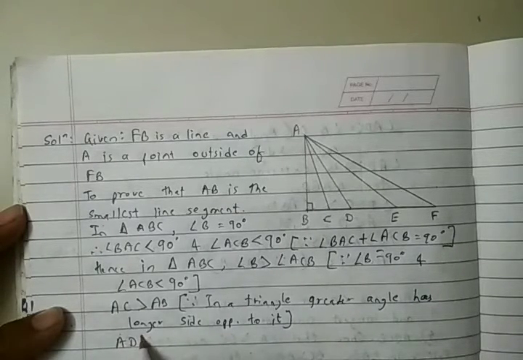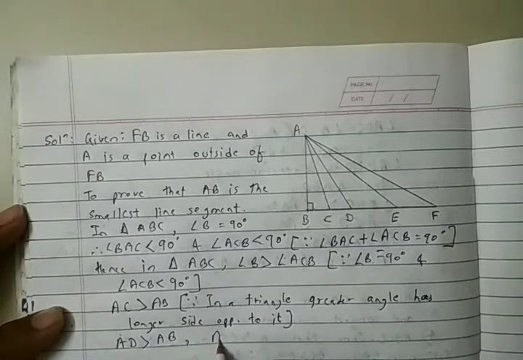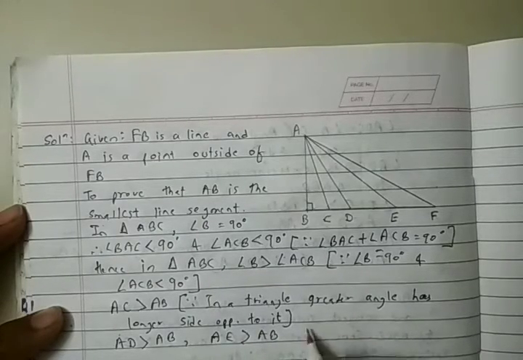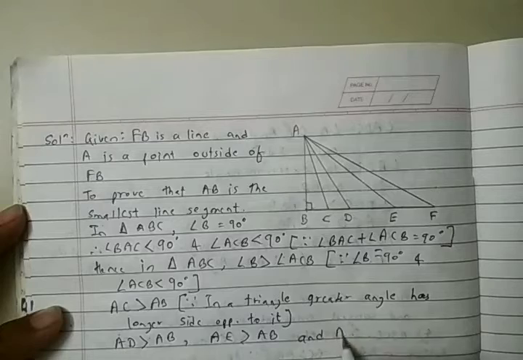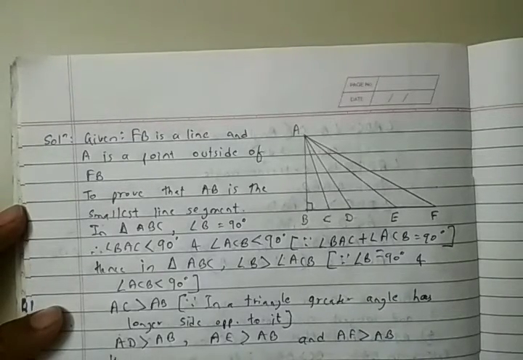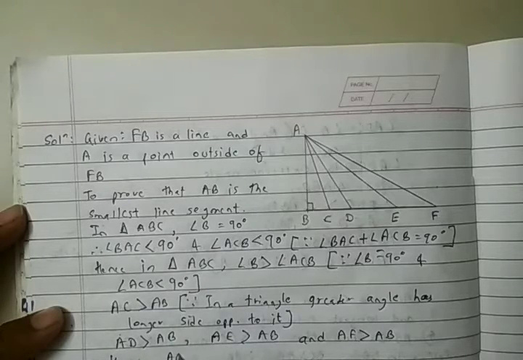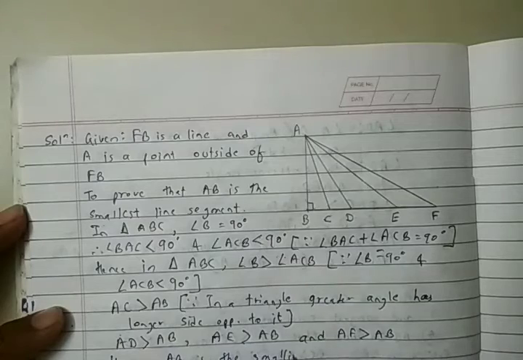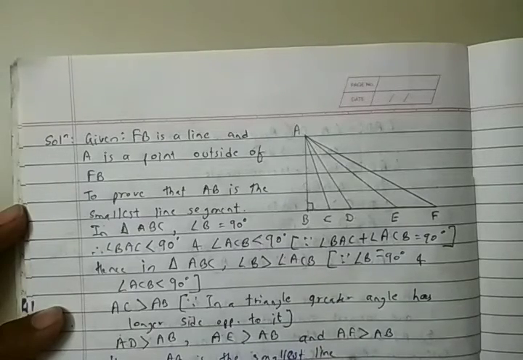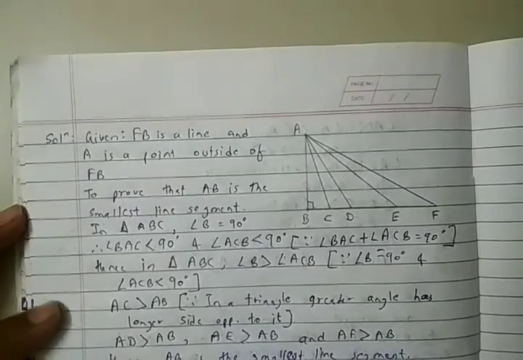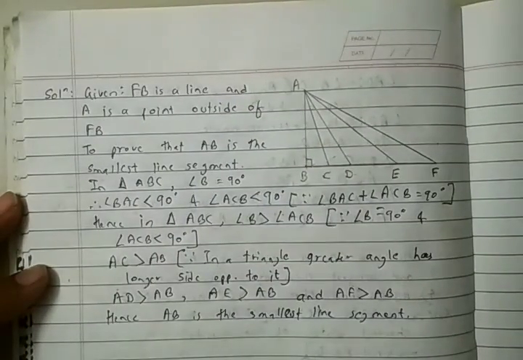Similarly, you can say that AD is greater than AB, AE is greater than AB and AF is also greater than AB. So hence it is proved that AB is the smallest line segment. Okay, with this we have completed chapter number 7.